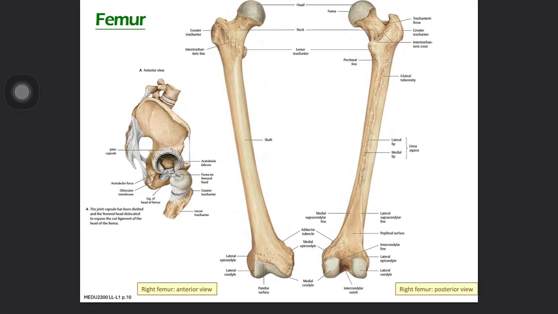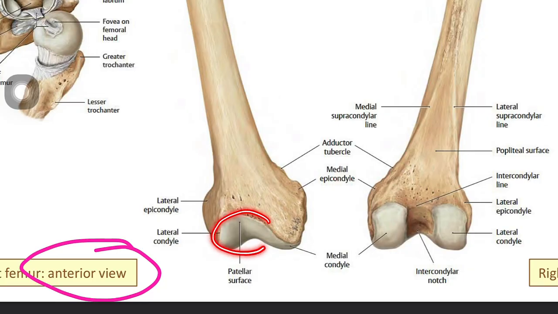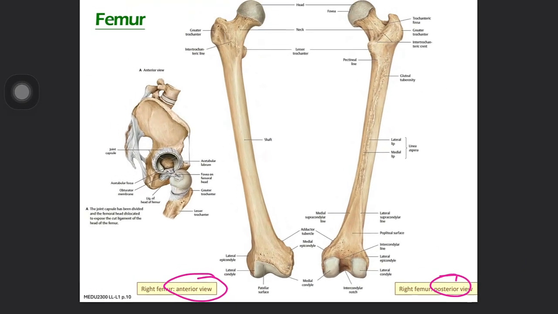This is the anterior view, and this is the posterior view. Take a look. Can you see any differences? For the anterior view, you only have the middle patellar surface, right?